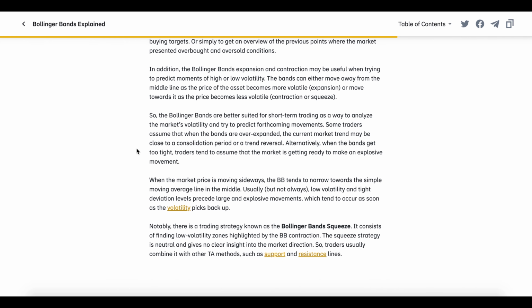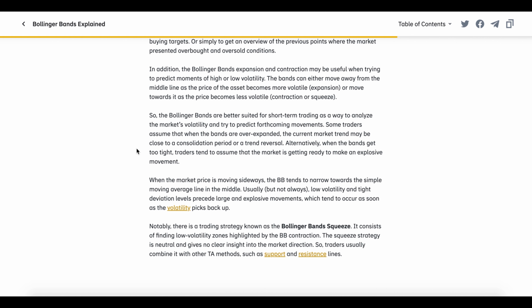So the Bollinger Bands are better suited for short-term trading as a way to analyze the market's volatility and try to predict forthcoming movements. Some traders assume that when the bands are overexpanded, the current market trend may be close to a consolidation period or a trend reversal.